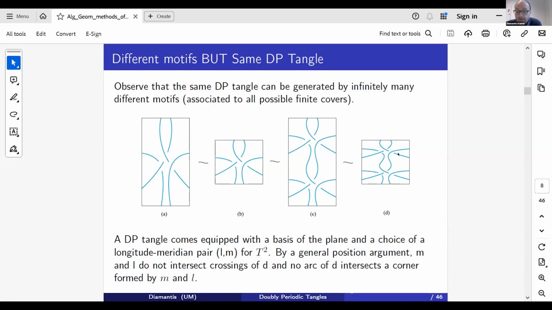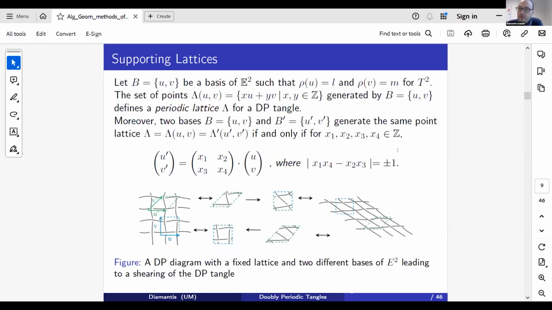Why is that important? Because we have to keep in mind that there is always a lattice involved. So let me remind you a little bit about lattices. What we actually have here is a periodic lattice. Each deep rectangle comes equipped with a periodic lattice, and that periodic lattice is the classical lattice that we learn in linear algebra.